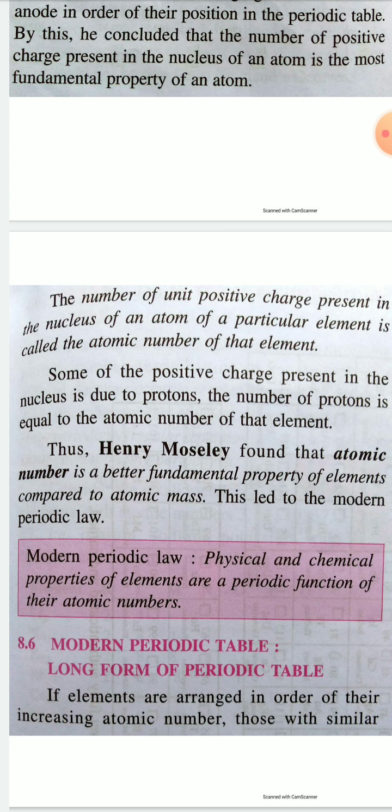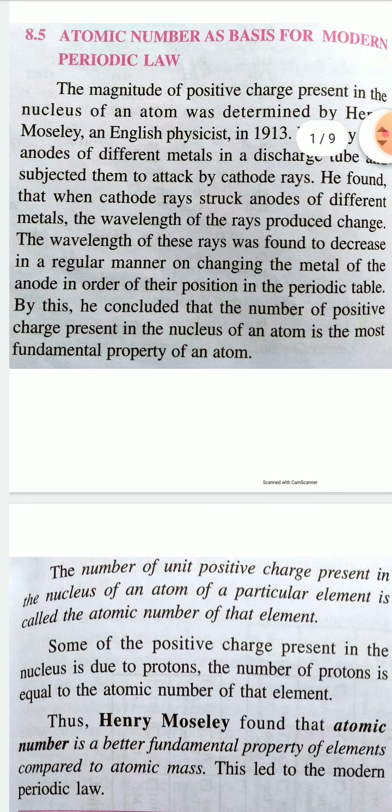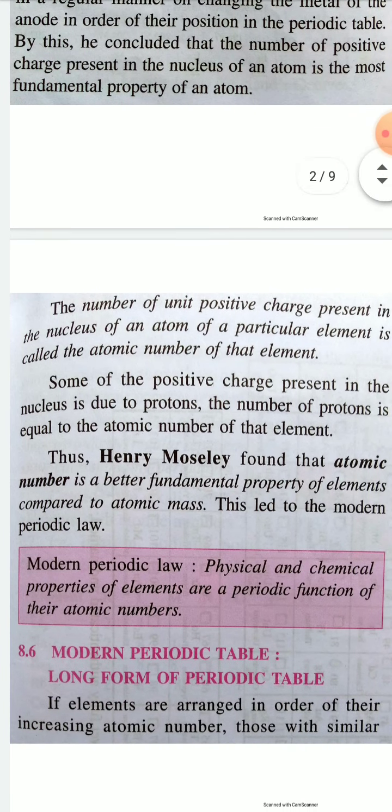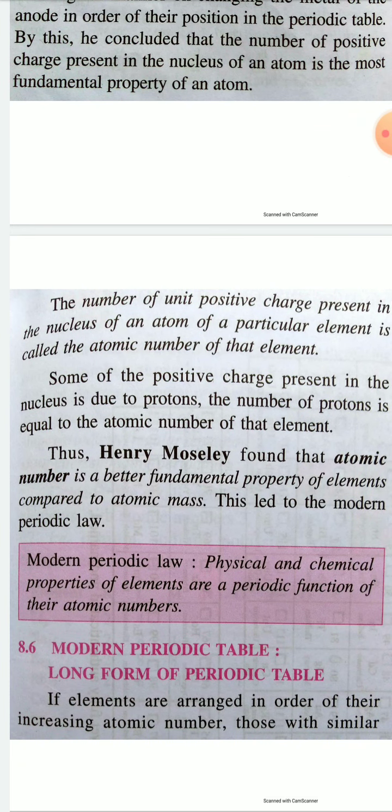That is, Henry Moseley concluded that the number of positive charge present in the nucleus of an atom is the most fundamental property of an atom. Thus, Henry Moseley found the atomic number is a better fundamental property of elements compared to atomic mass. This led to the modern periodic law.